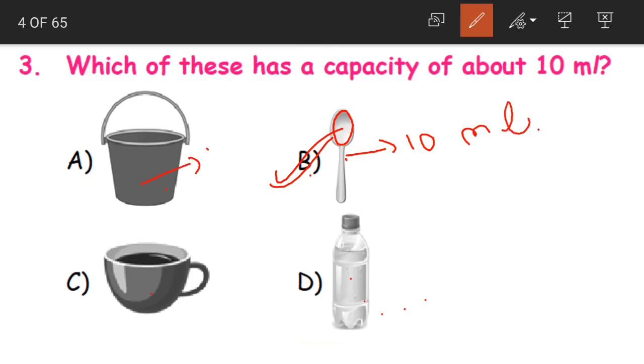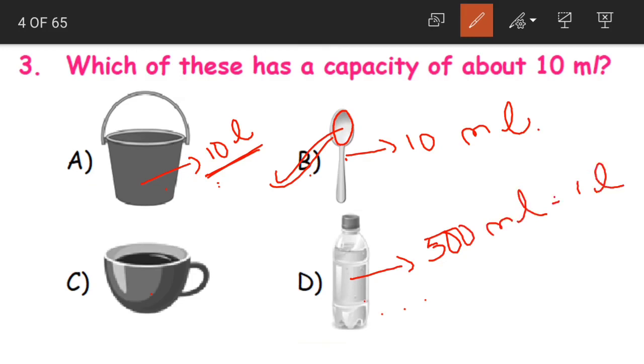If we talk about bucket, it can easily contain around 10 liters of water or any other liquid. When you talk about bottle, it normally varies from 500 ml to 1 liter. Yes, we also have water bottles which can contain more than 1 liter of water as well.